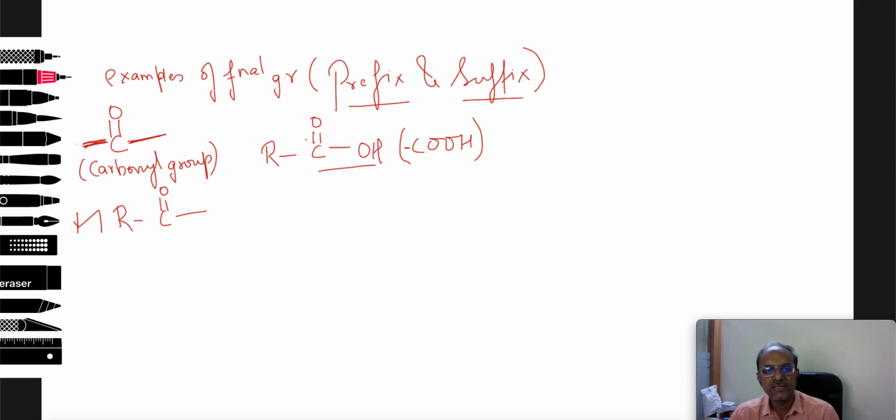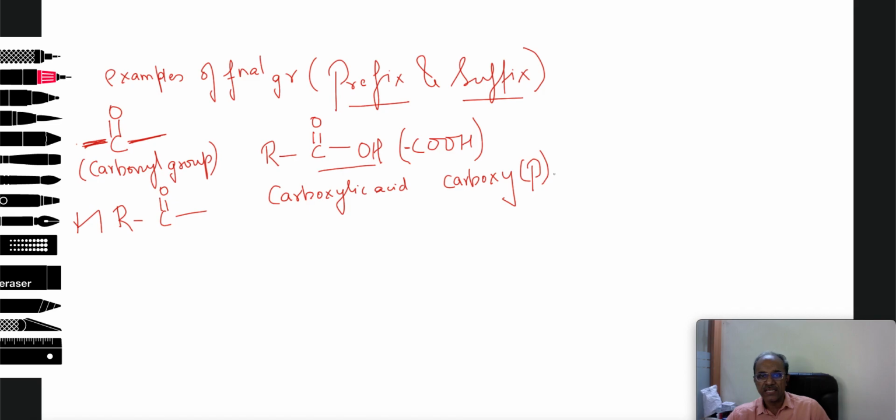COOH. This is the structure form. The name of this particular thing is known as carboxylic acid. Now, for carboxylic acid, its prefix is called carboxy.